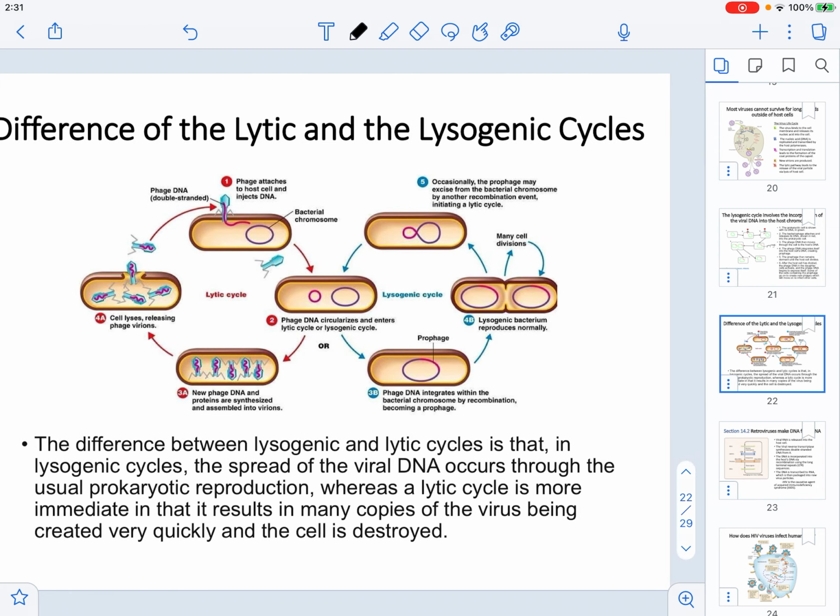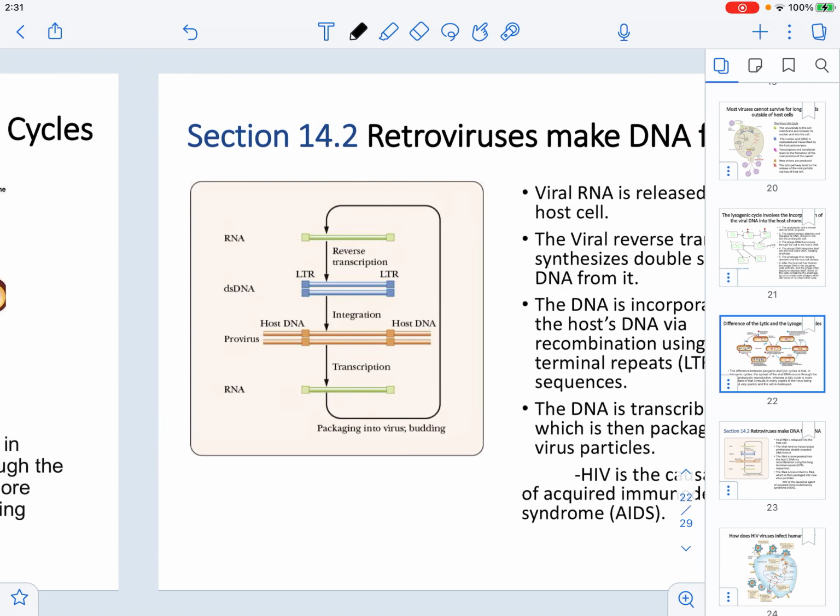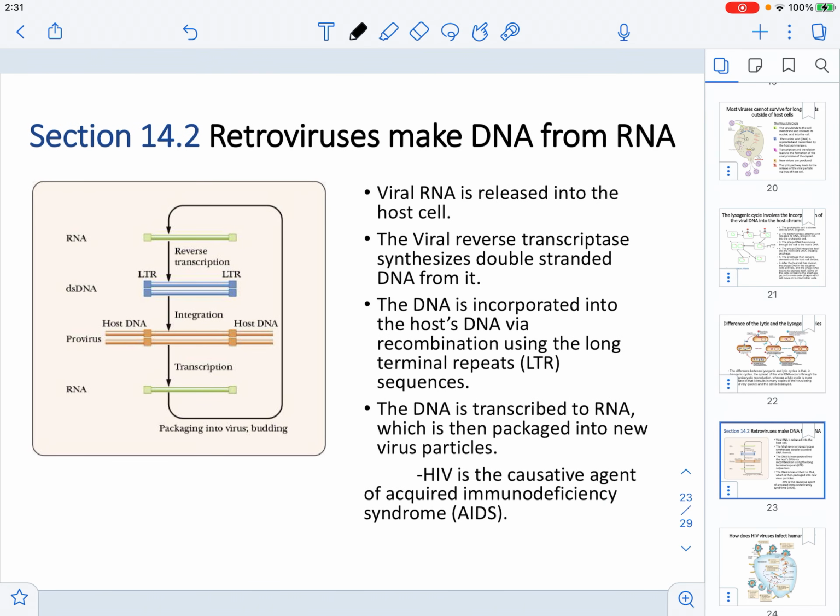Now, when it comes to viruses, remember I mentioned a few moments ago that some viruses are DNA-containing and other ones have RNA. Well, viruses that have RNA, not all of them but a number of them, are considered retroviruses.